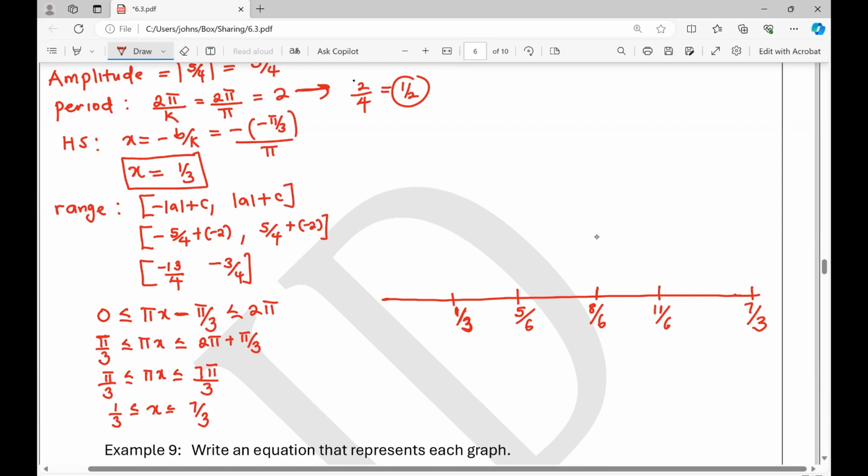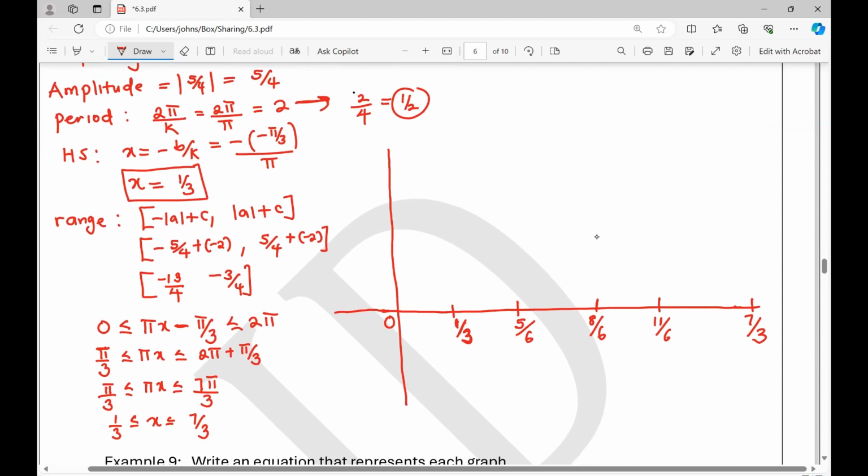And this means that 0 is going to be somewhere here. So let's say this is 0. Let's add the minimum value here first. Our minimum value is minus 13 over 4. So minus 13 over 4, let's put it somewhere here.